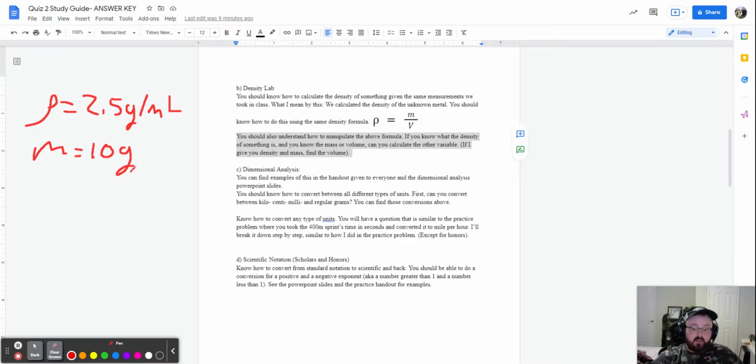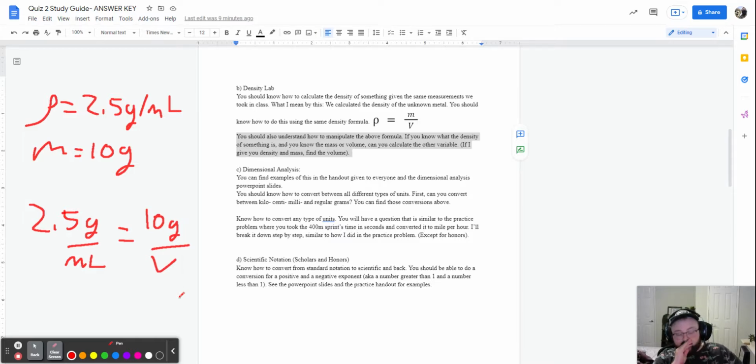I think that's a little bit excess, but I would need to see you write 2.5 grams per milliliter equals 10 grams over V. If you did this and then you did the algebra, that's fine. But I need to see at least this. I don't want you to just write 4 milliliters. If you write 4 milliliters, you will lose the point. I'm telling you all that right now. All right?